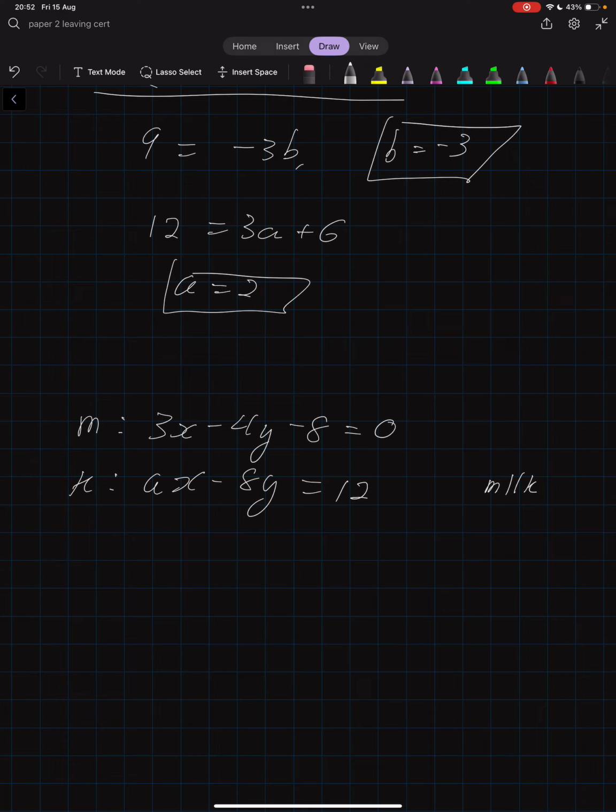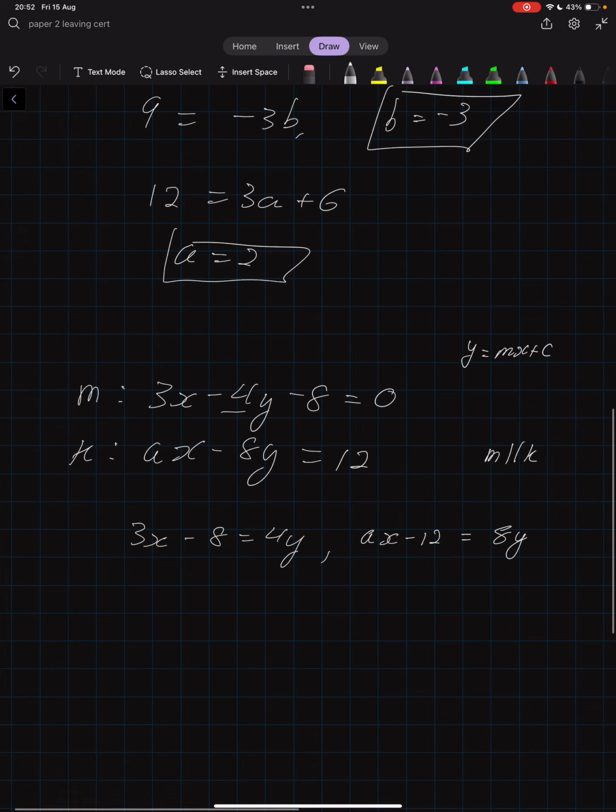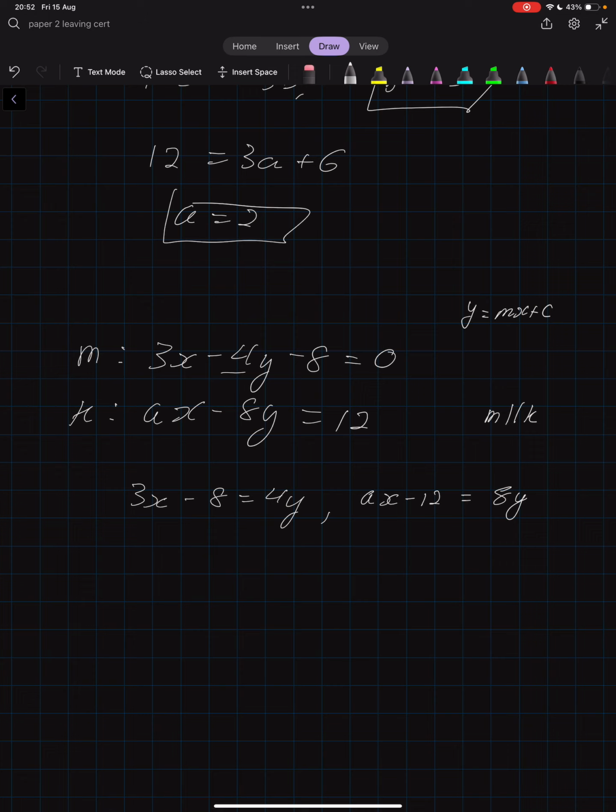Now remember, the slope is always y equals mx plus c. For the first line, I'm going to bring the y's over. So I get 3x minus 8 equals 4y. The second equation, I'm going to bring the minus 8y over and bring the 12 over. So I get ax minus 12 equals 8y. Now, you divide, so I get 3 over 4 x minus 2.